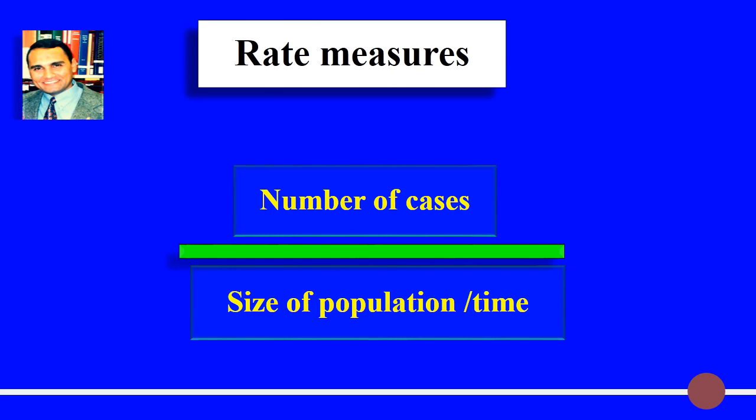Rates are measures that relate the number of cases during a certain period of time, usually per year, to the size of the population in which they occur. For example, during the year 2006 in Egypt, lumpy skin disease caused deaths of 2,800,000 animals.